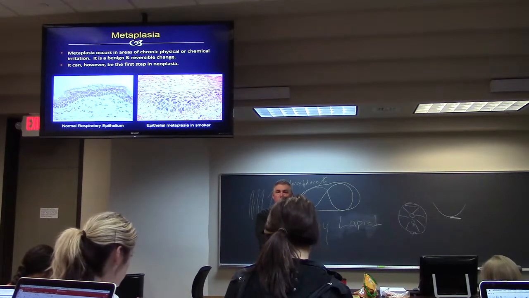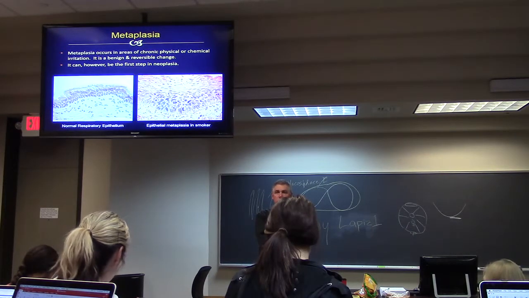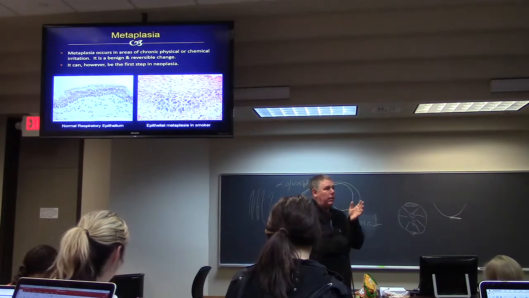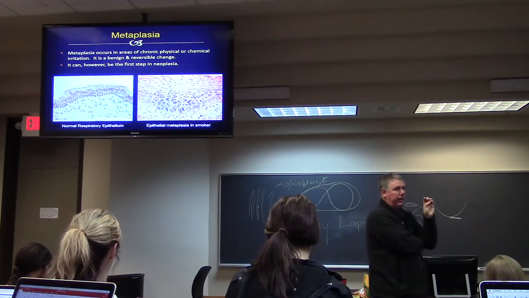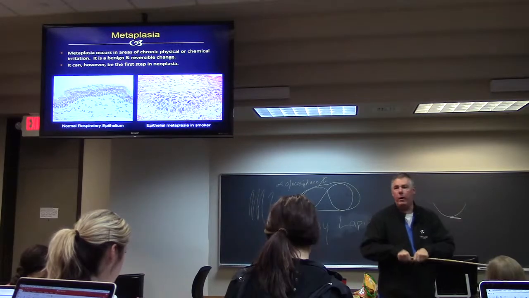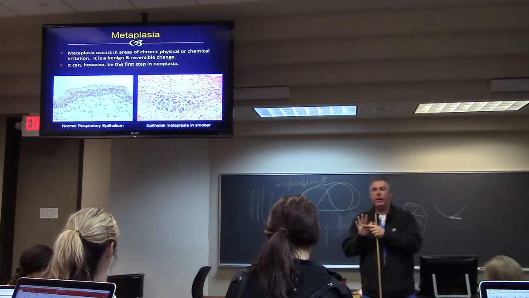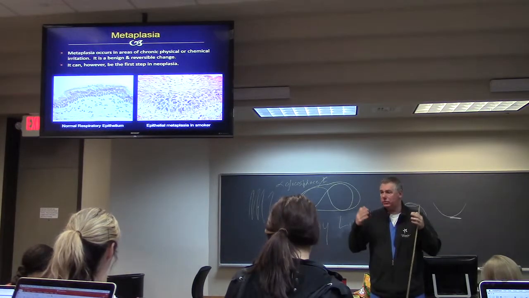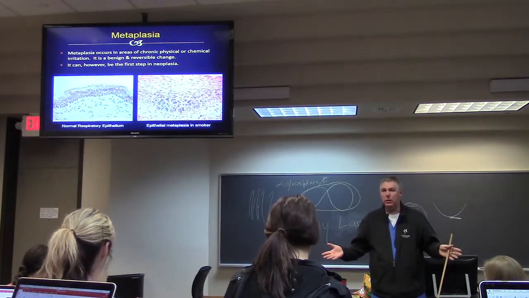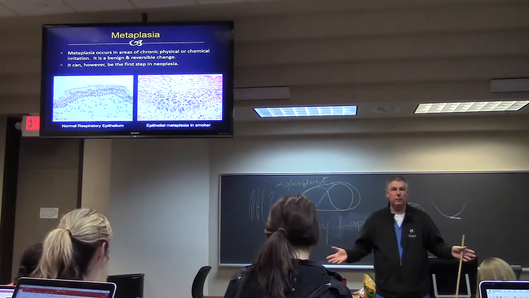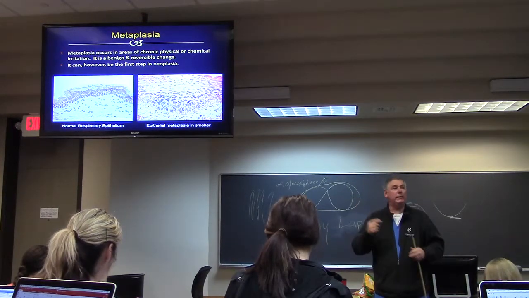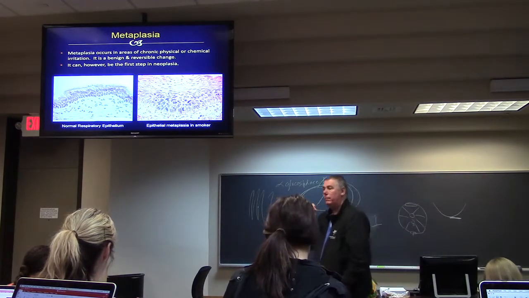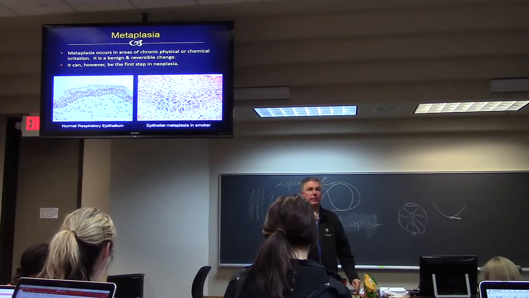Now, if you started playing the guitar, you would develop calluses on the ends of your fingers. If you started rowing, you'd develop calluses on your hands here. That's not metaplasia, because the cell type is still keratinocytes. This is different. This is changing the histology of the tissues.